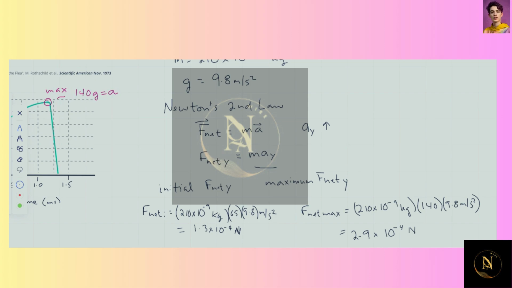So the factor of 65, for example, means that the bug is producing 65 times its weight in order to get that force. It's actually producing a little bit more, but not much more. And in the case of the net max, F net max, that force is 140 times the bug's weight.